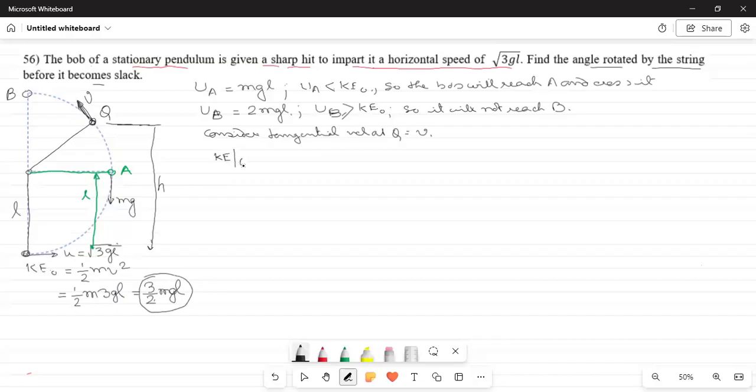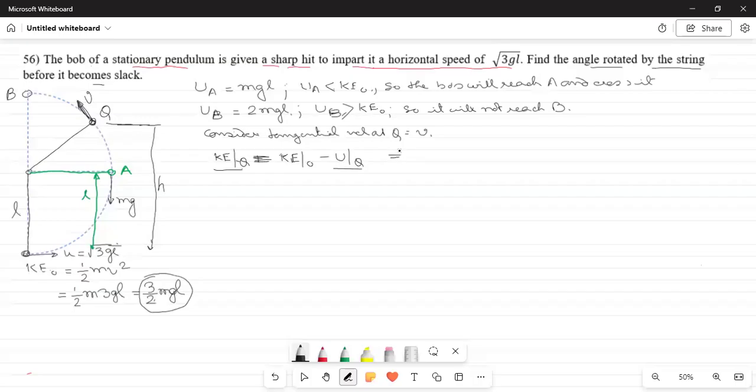The starting kinetic energy, K0, will be equal to the kinetic energy at Q plus the potential energy at Q. Right?